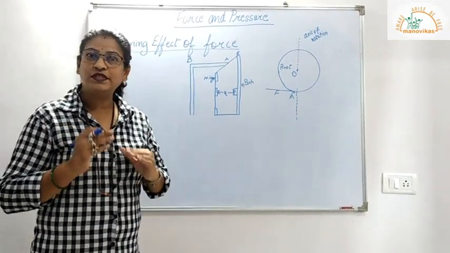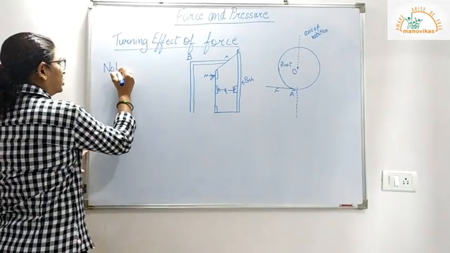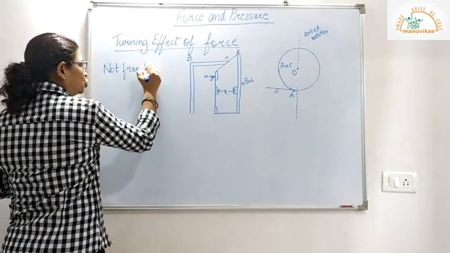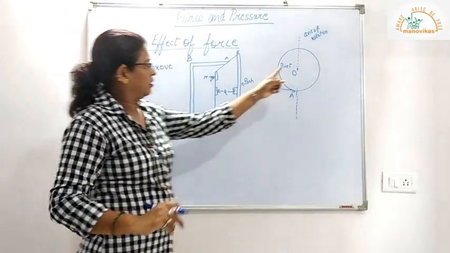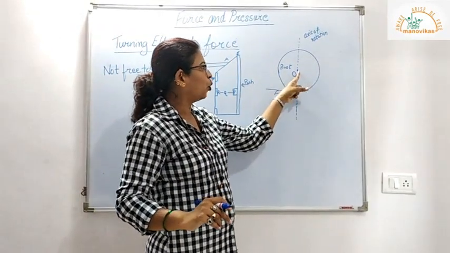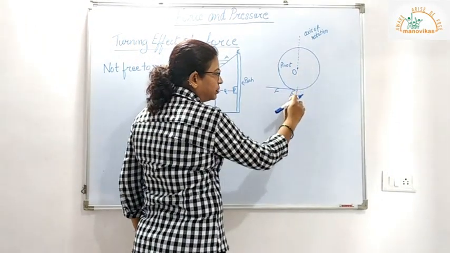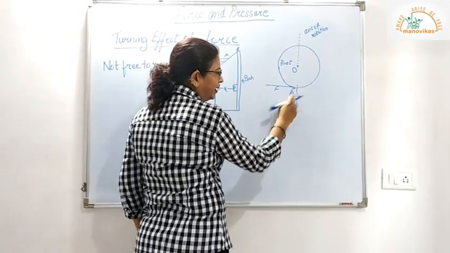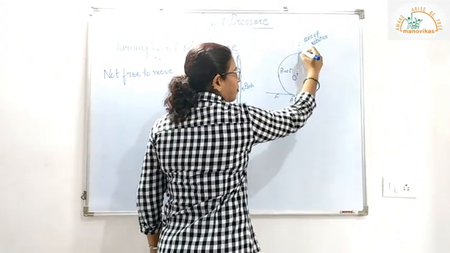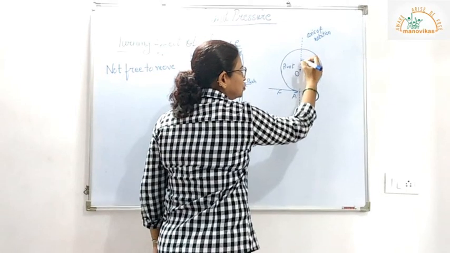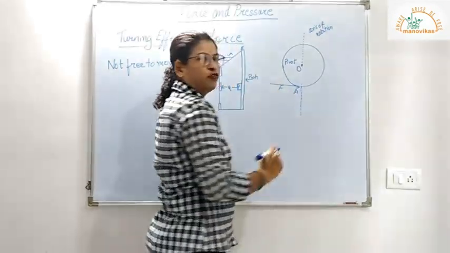But when the force is applied on a body which is not free to move, and it is pivoted at a point O, and a force is applied at a suitable distance at a point A, then the body turns. The vertical axis which passes through this pivoted point is called the axis of rotation.